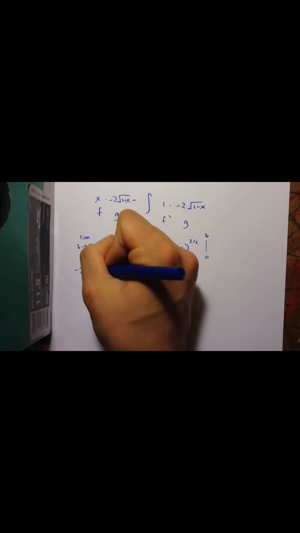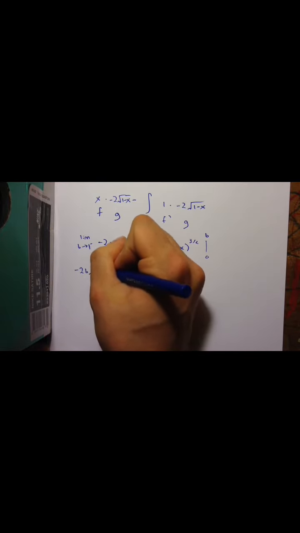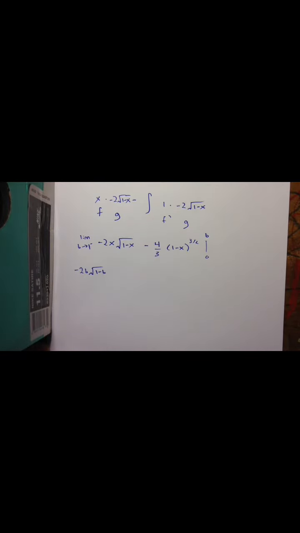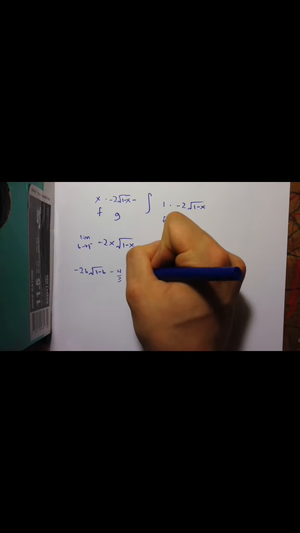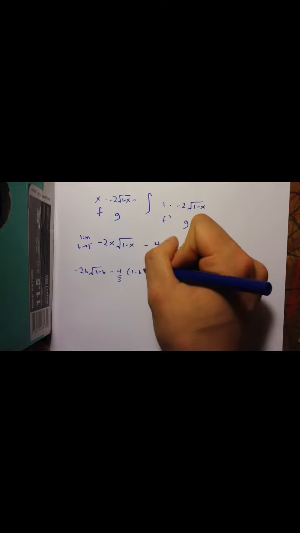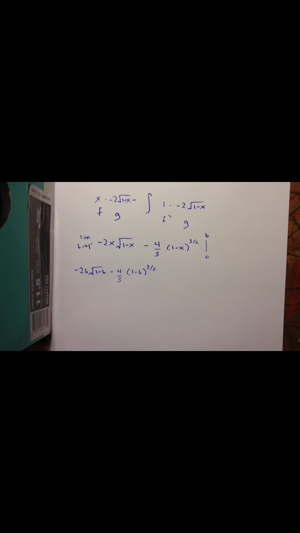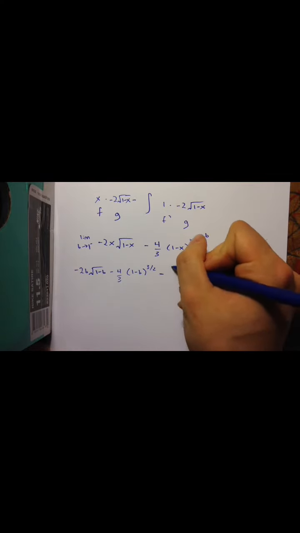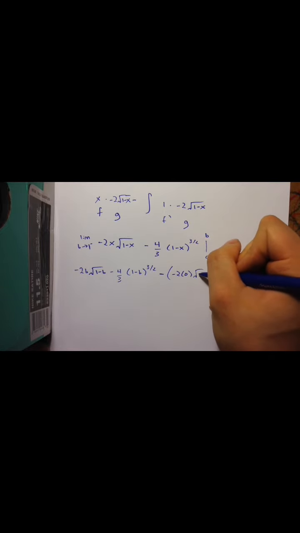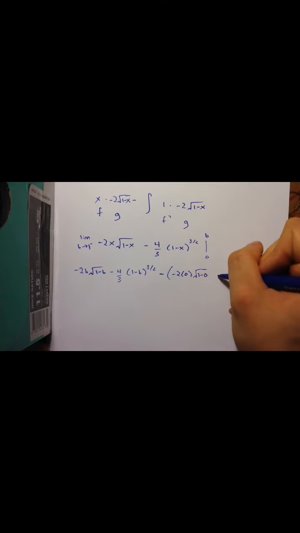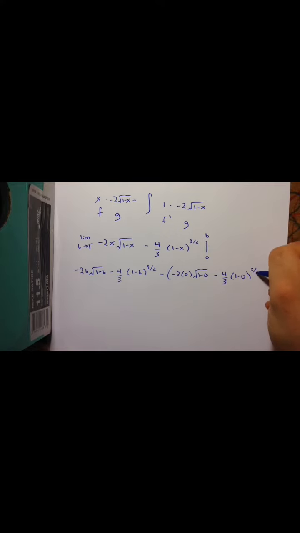Pretty straightforward. So negative 2b square root of 1 minus b minus 4/3 times 1 minus b to the 3/2. And then minus all of this, so negative 2 times 0 square root of 1 minus 0 minus 4/3 times 1 minus 0 to the 3/2.